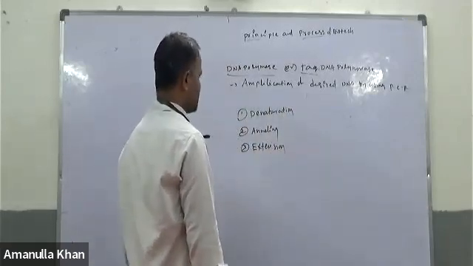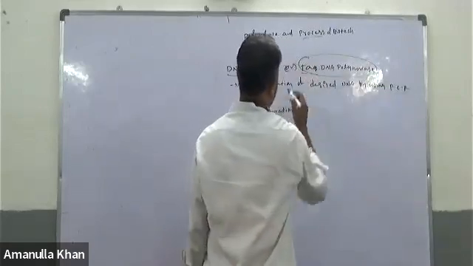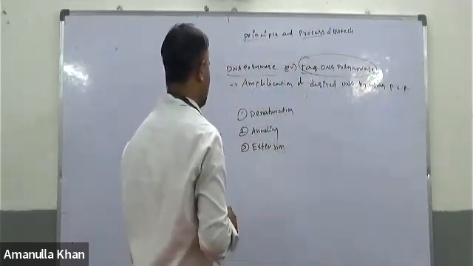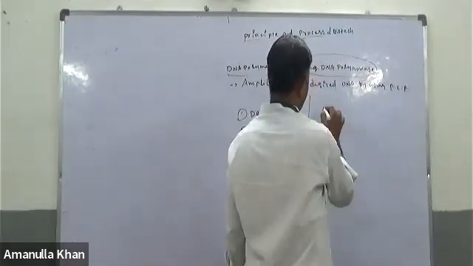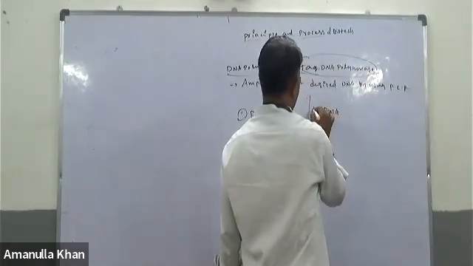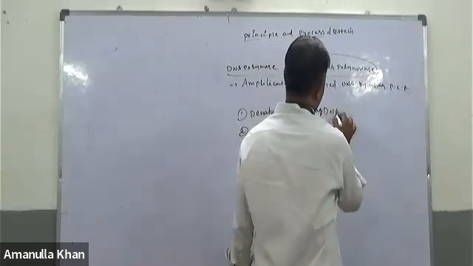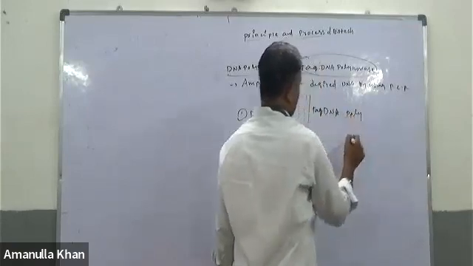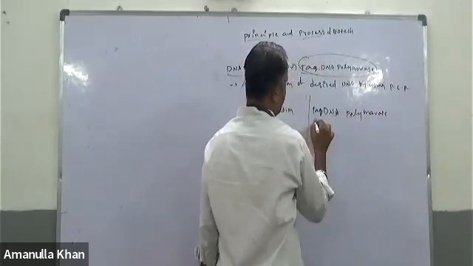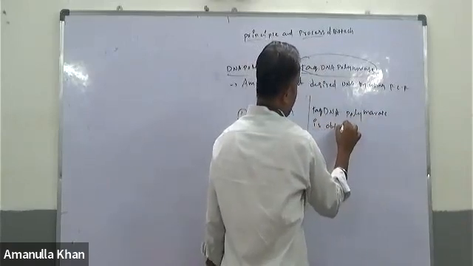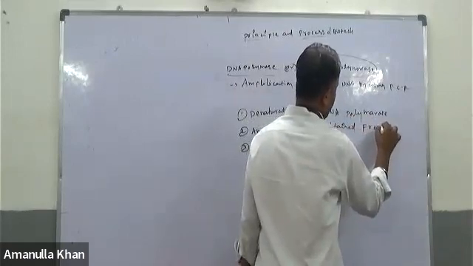Before discussing these three steps, which bacterium is this Taq DNA polymerase enzyme obtained from? Taq DNA polymerase is obtained from Thermus aquaticus bacteria.